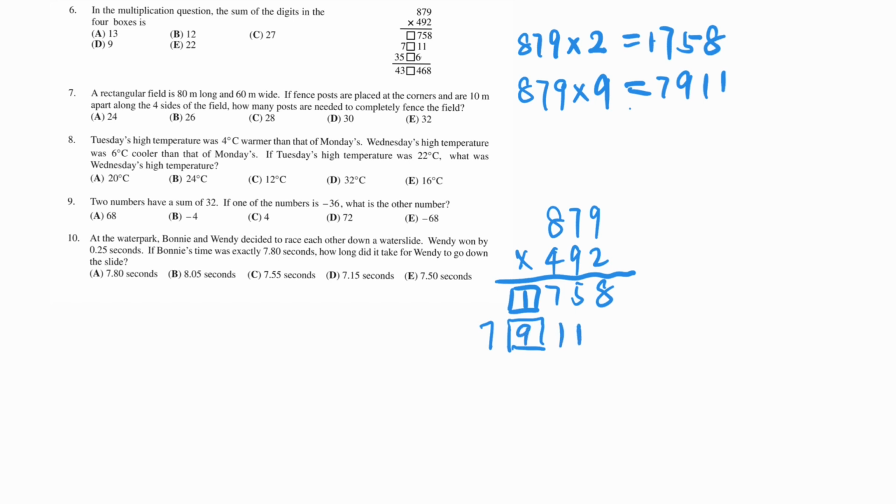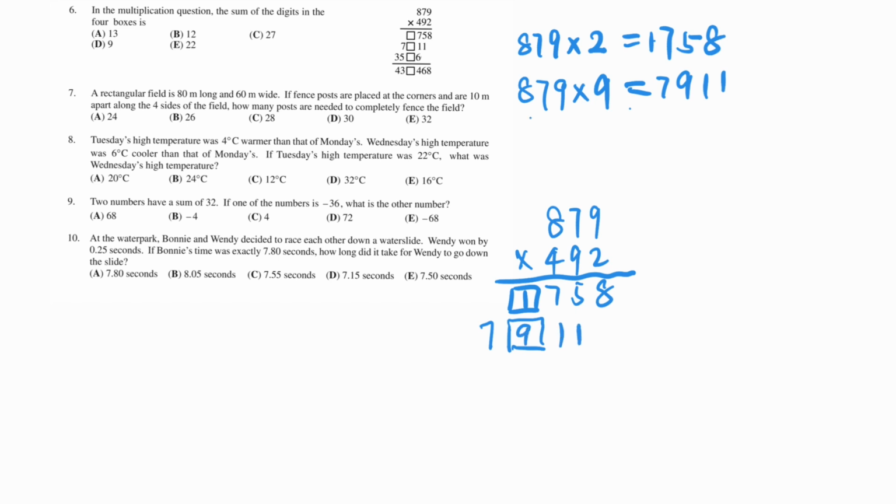And the first is the 1758. So we got the first box. Next one, we use 879 times 9. So gave us 7911. So 7911. We got the second box. So the box is 911.